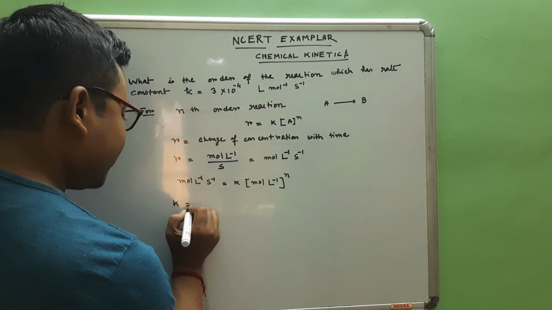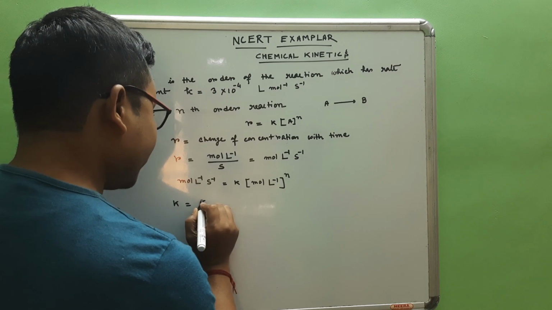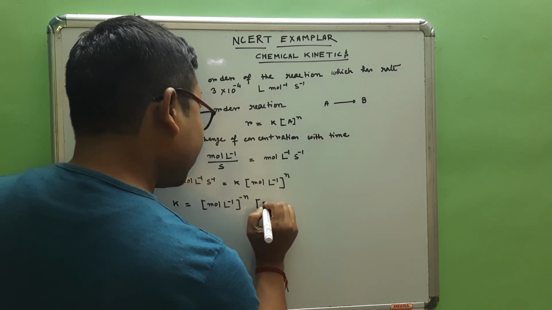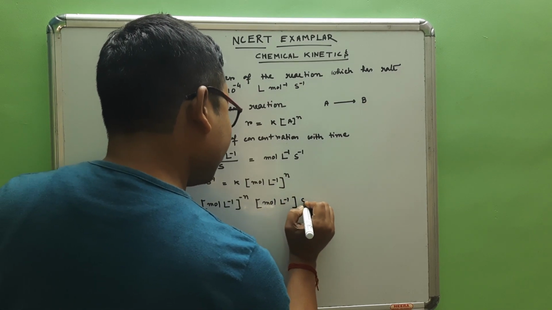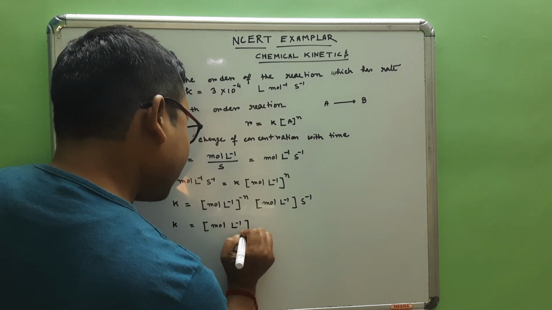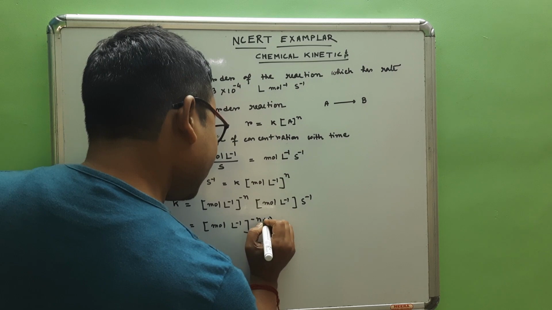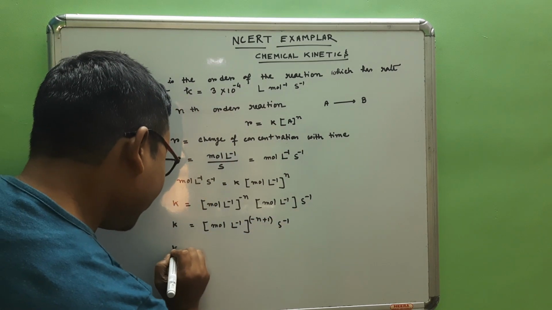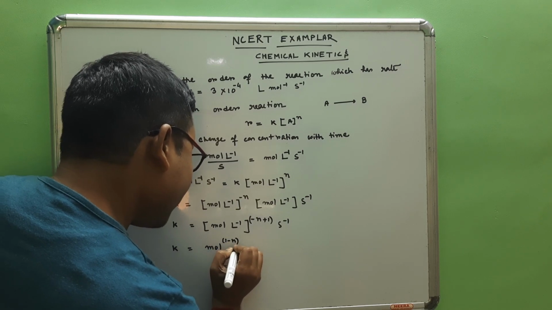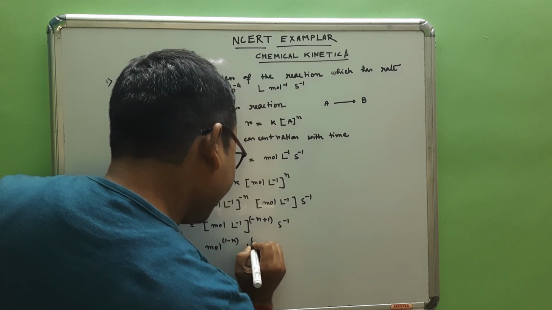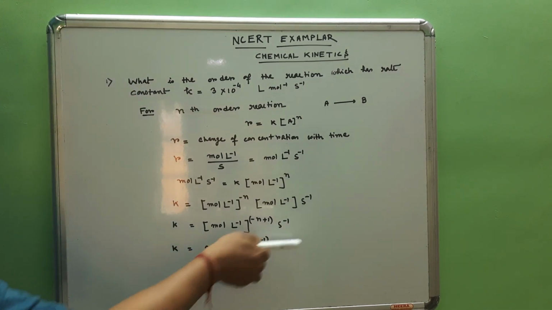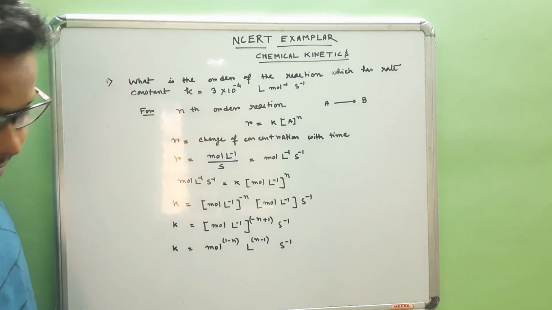So what will be the unit of k? It gives mole to the power 1 minus n, liter to the power n minus 1, second inverse. This is the unit of k for an nth order reaction.